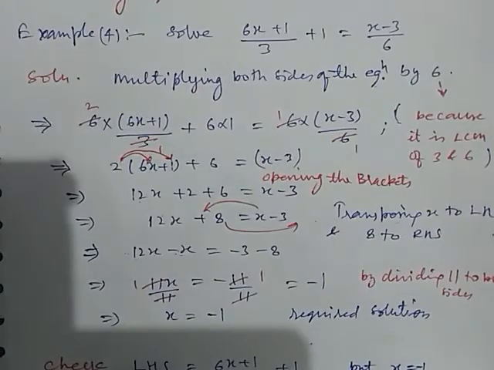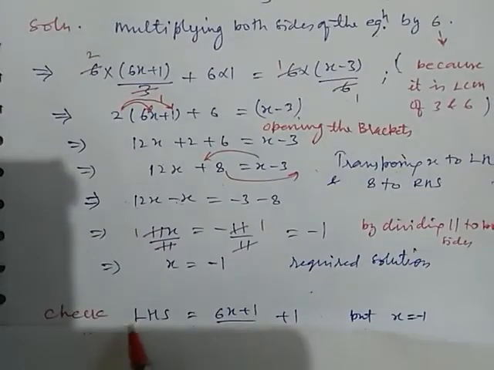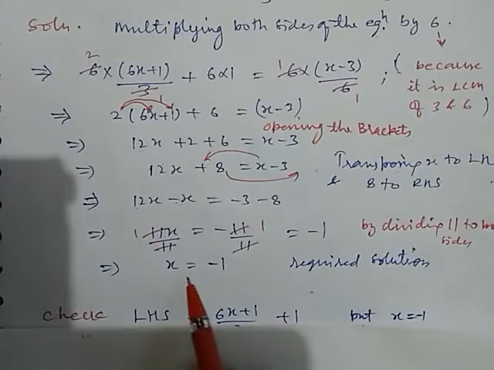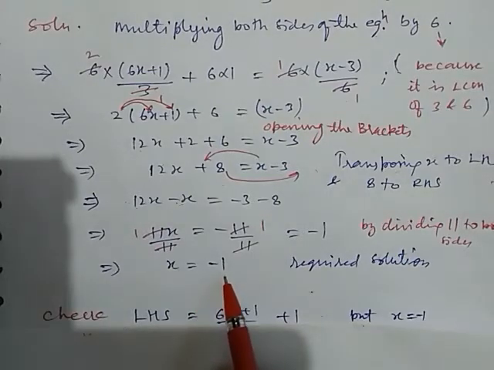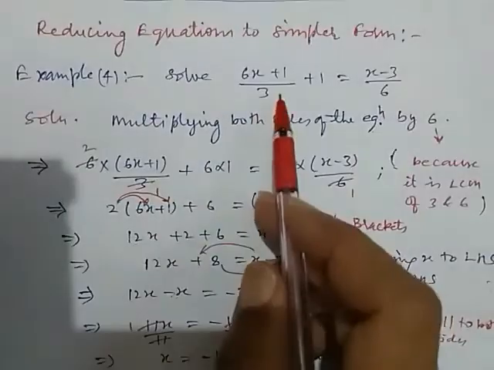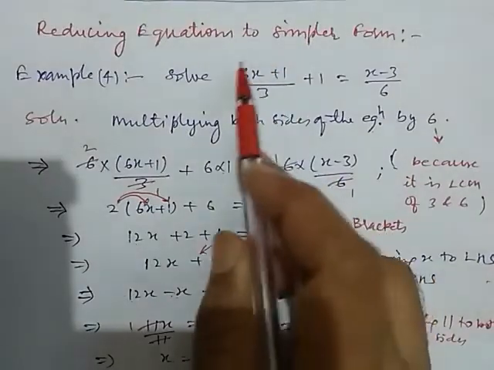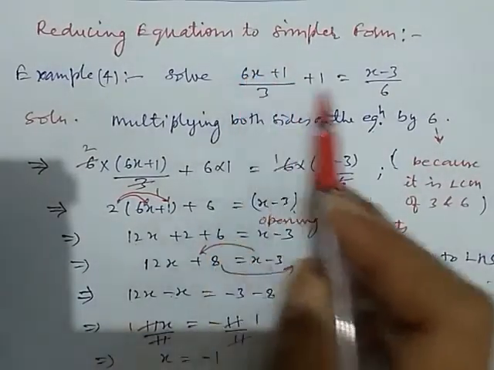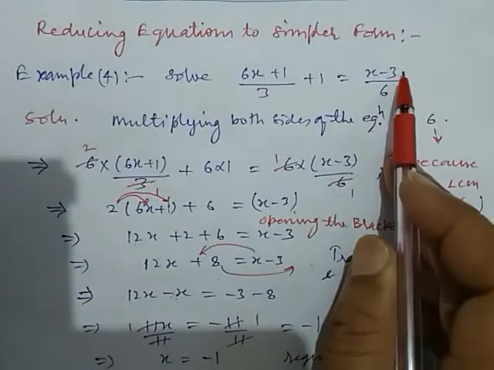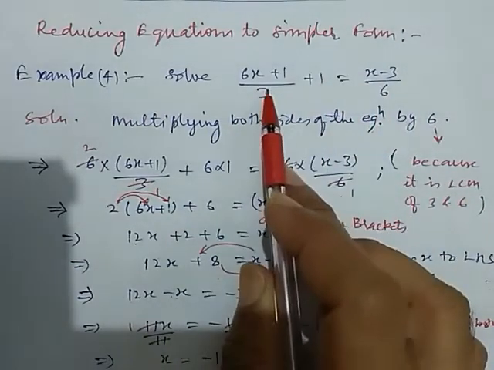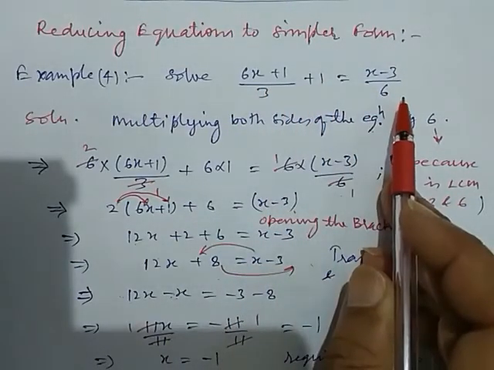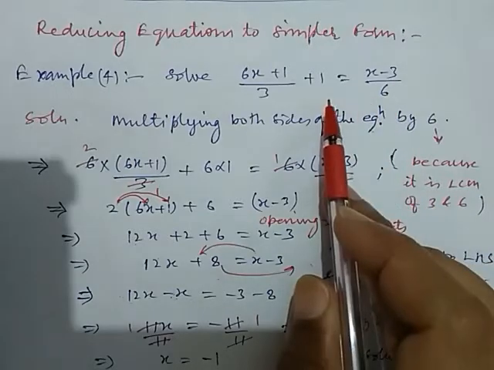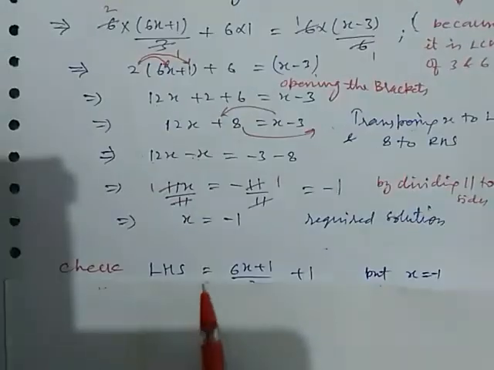Okay, now we check whether our solution is correct or not. So first we put the value of x in the left hand side, then we put the value of x in the right hand side. If the left hand side and right hand side are equal, then our solution is correct. So we proceed.